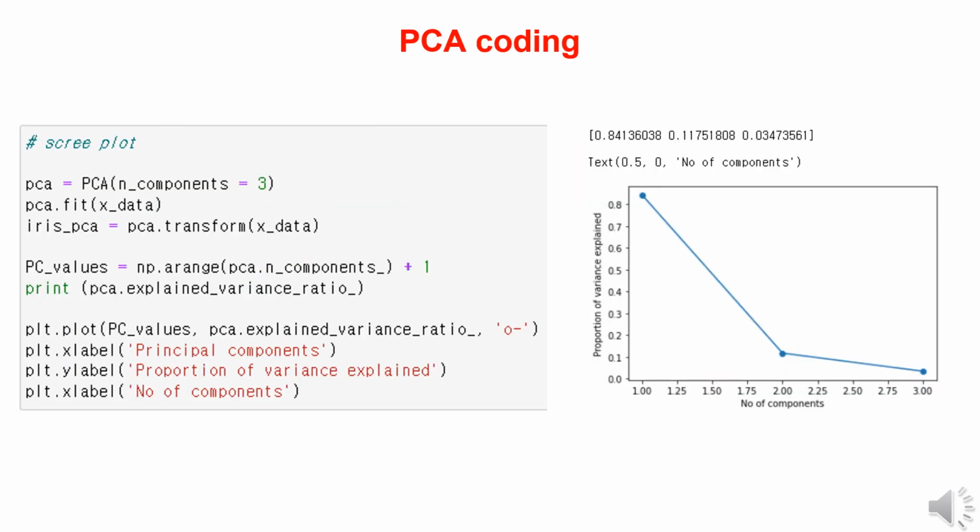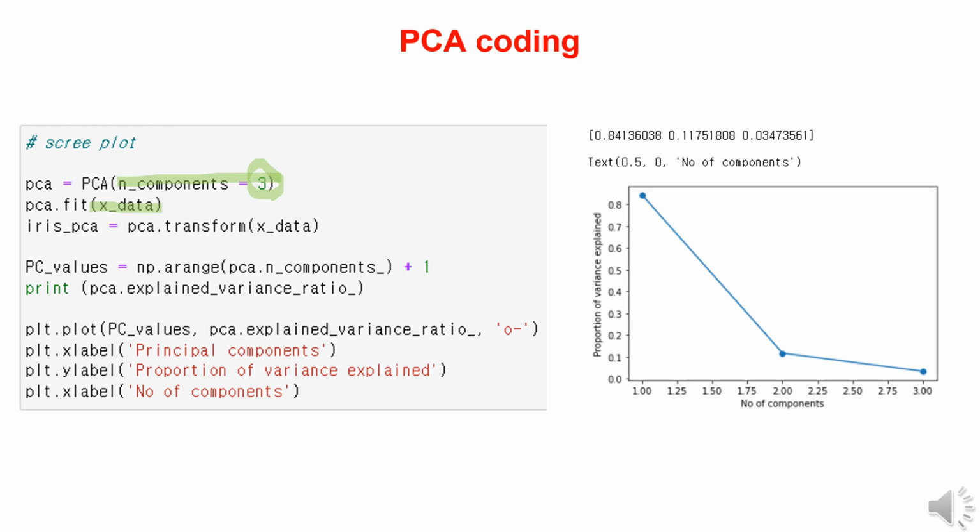N_components represents the number of principal components, and since PCA is a dimensionality reduction method, it should be smaller than the number of X features. In the case of the iris dataset, which has 4 X features, we have inputted 3 as the number of components. As PCA is an unsupervised learning method, you remember that it only uses the X data for training.